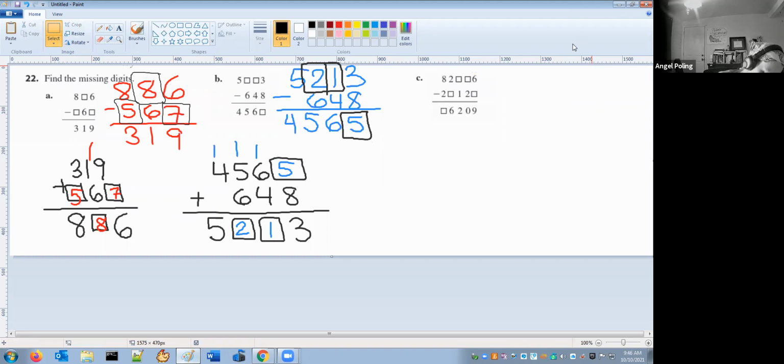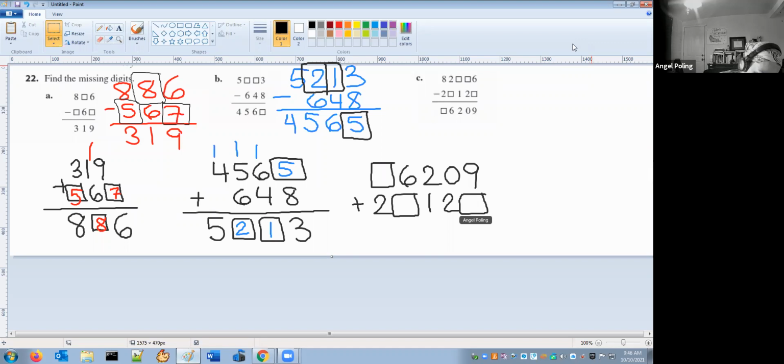Okay, so our last one, and then we'll stop for the day. We have something 6209 plus 2 blank 1 2 blank, which gets me 8 2 blank blank 6. 9 plus 7 is 16, right? 2 plus 0 plus 1 is 3, no carrying. 2 plus 1 is 3, no carrying. 6 plus something equals 12, right?